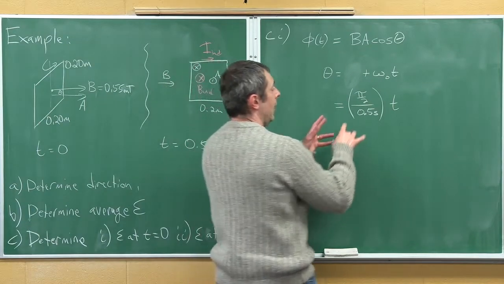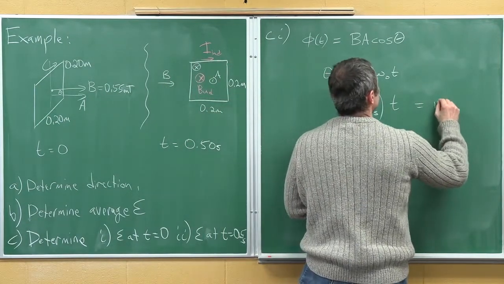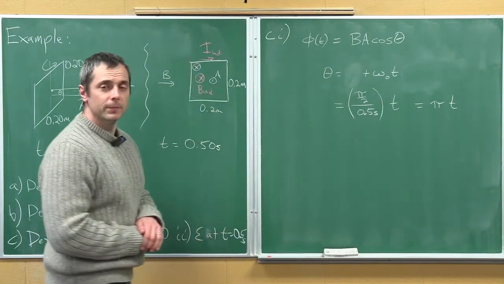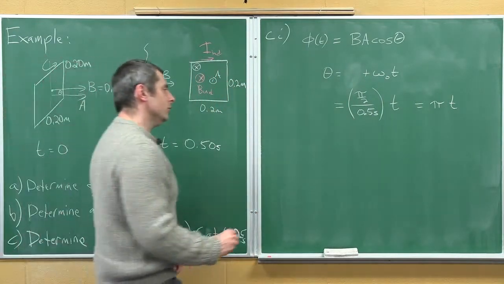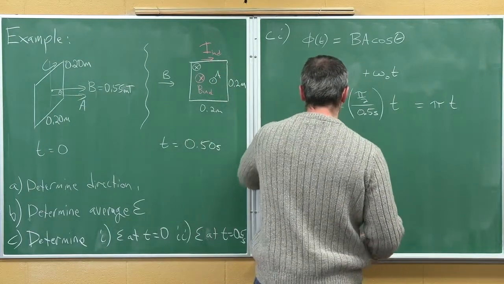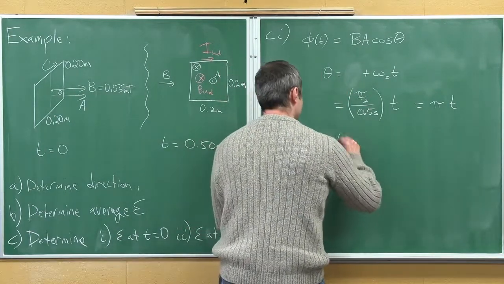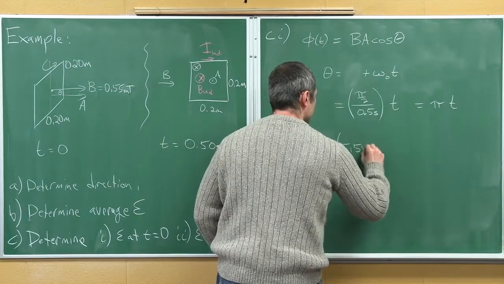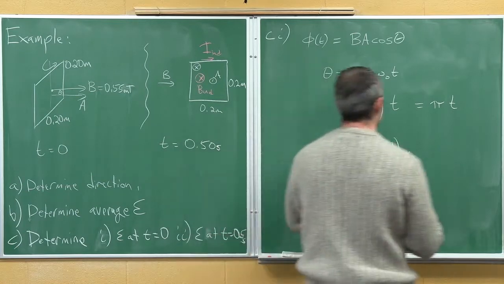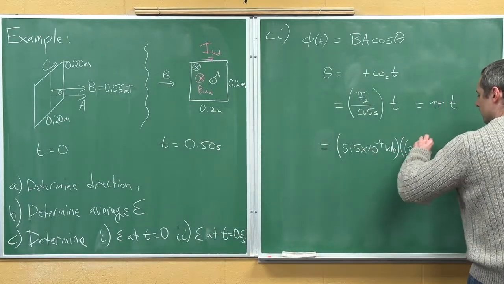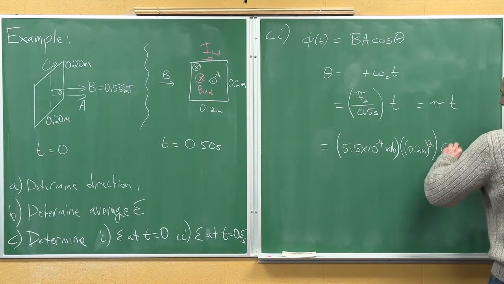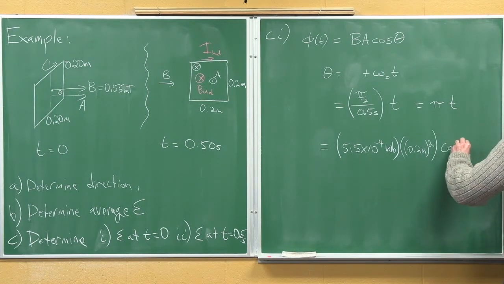So that just comes out to be pi times t is my theta as a function of time. And now I'm ready to write an expression for the magnetic flux as a function of time. The magnetic field, the area, length squared for a square, times cosine of pi times t.